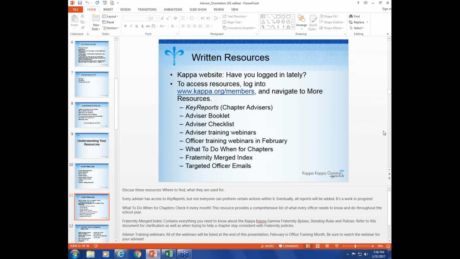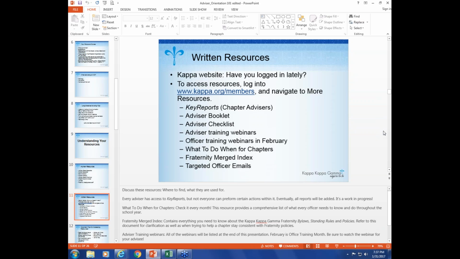And so when I'm going onto the website, to the documents, to the bylaws, the standing rules, and the policies, I'm not real good about going to the merged index and then going back to the tab for the bylaws and trying to find it. So I print the merged index off and keep it beside me so that if I have a question about something, I can go right to that and then go right to the documents. The merged index is such a wonderful resource. So if you're not familiar with it, you need to go find it and look at it.